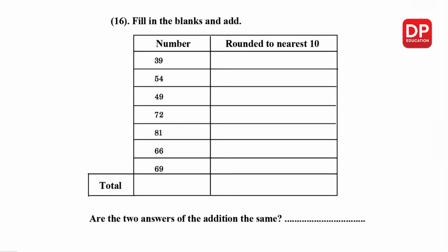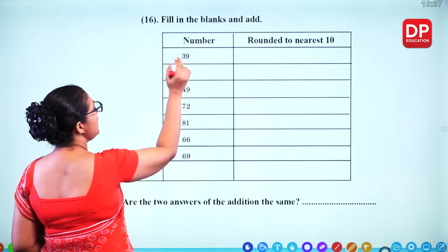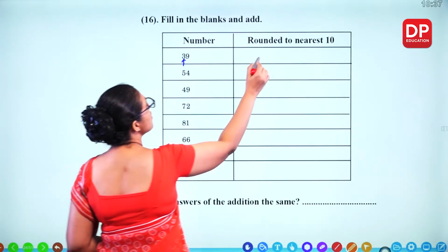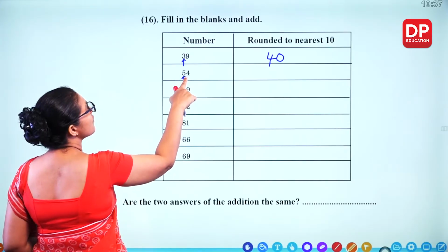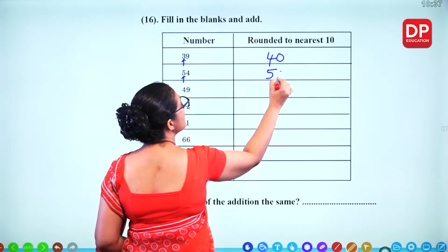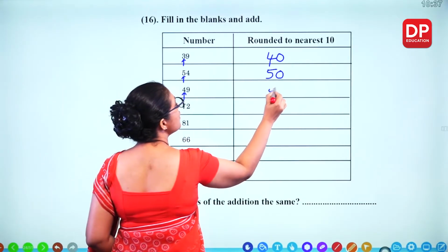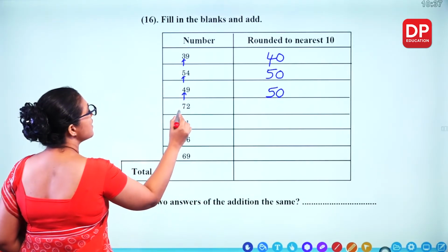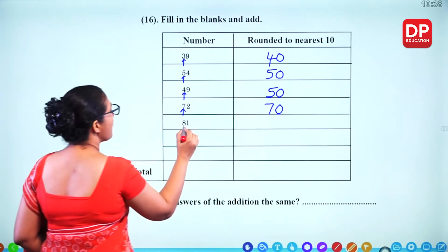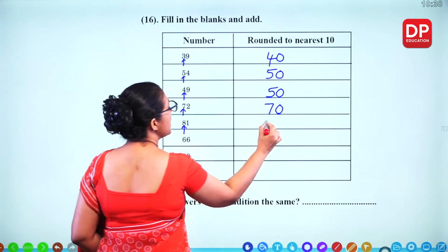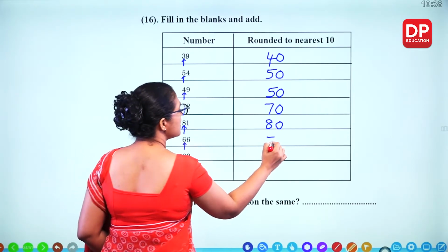Fill in the blanks and add rounded to the nearest 10. 39 is 40. 54, we are not adding, that's 50. 49 becomes 50 when you round off to the nearest 10. 72 becomes 70. 81 becomes 80. 66 becomes 70.